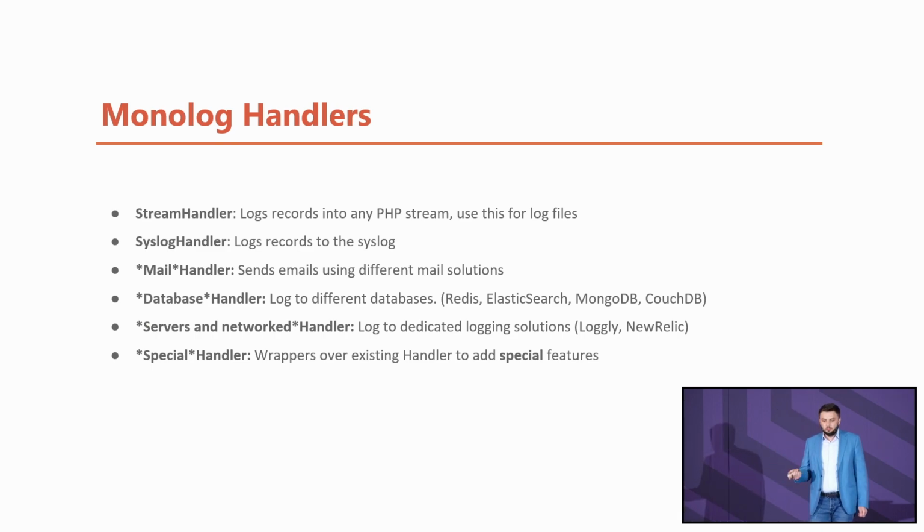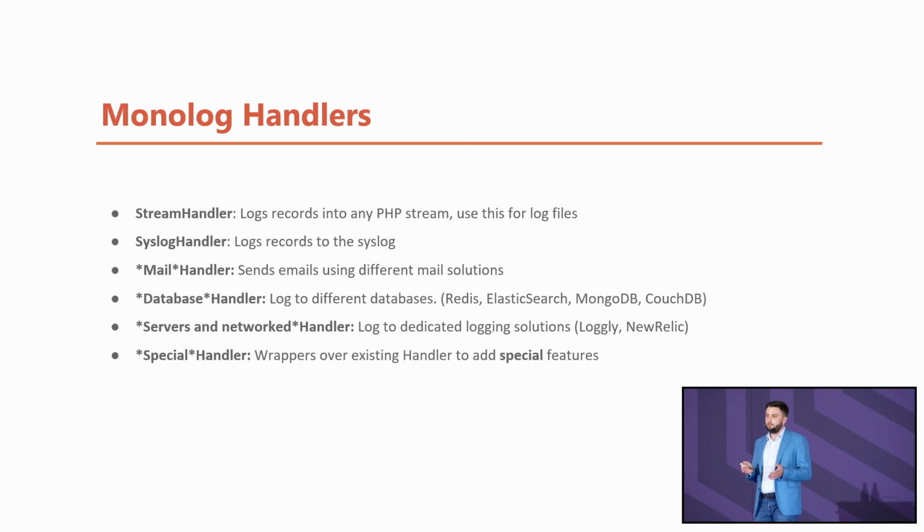So the most important handlers: we've seen file handlers, we have seen the syslog handler. Then there are multiple implementations for sending emails if something happens on the system. Then there are already built-in implementations, for example, to save the logs in Loggly, New Relic, and 10 more systems.